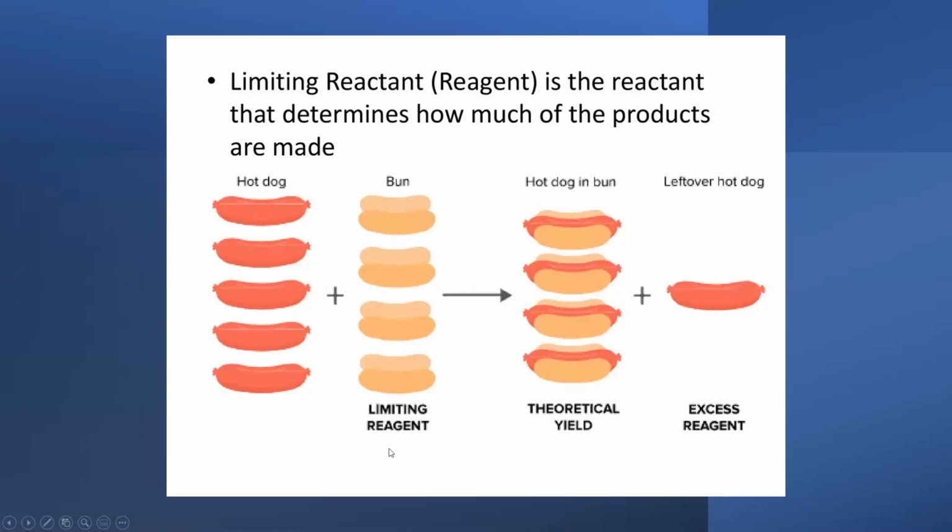The limiting reactant in this case is the buns, because we can make only 4 hot dogs. Then you will have an excess of 1 hot dog. Then the buns are the limiting reagent, and the amount of product that you get is the theoretical yield.